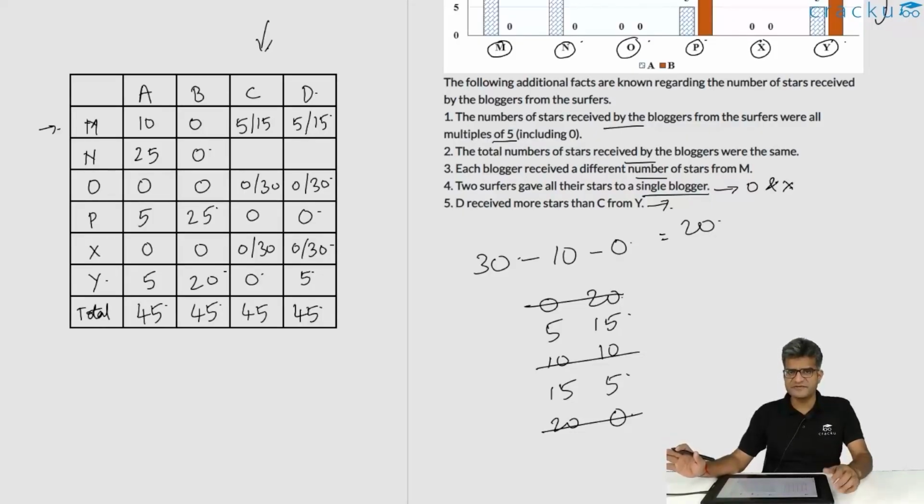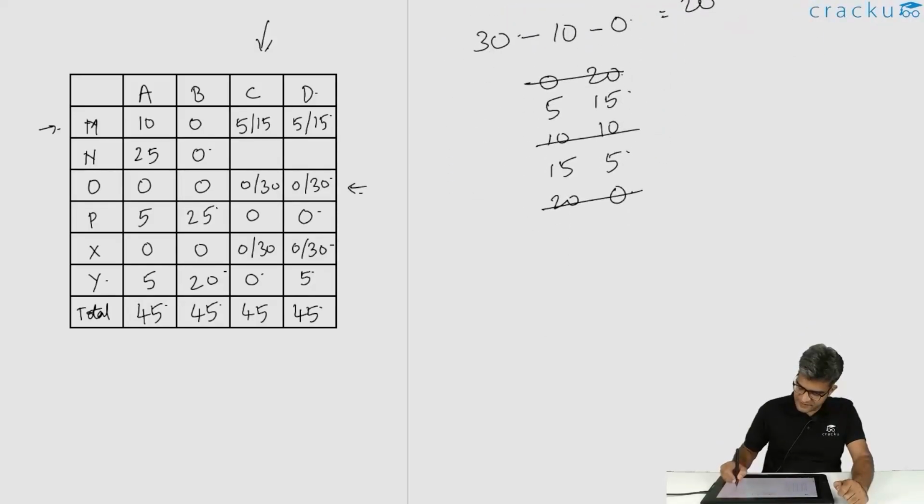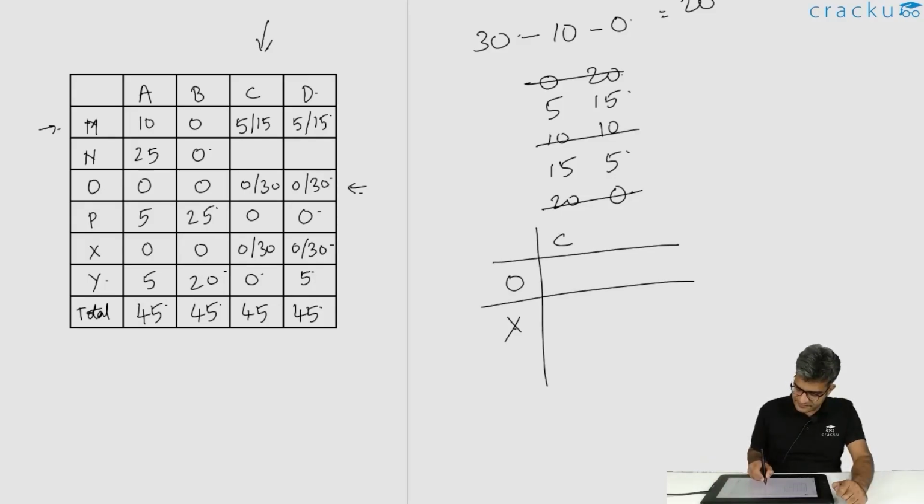Based on this information, we can actually conclude certain things. What are the things that we can conclude? If you are looking at O and X, just these two, and we are looking only at C and D, the reason we are doing that is because getting 30 stars from one of them is a lot of stars.